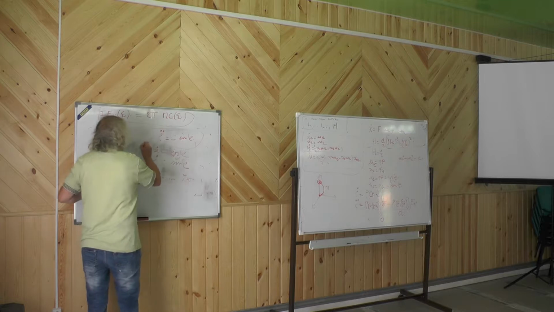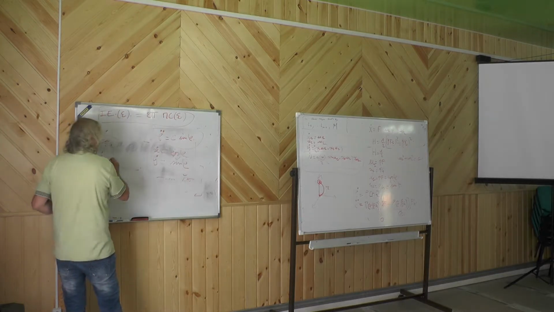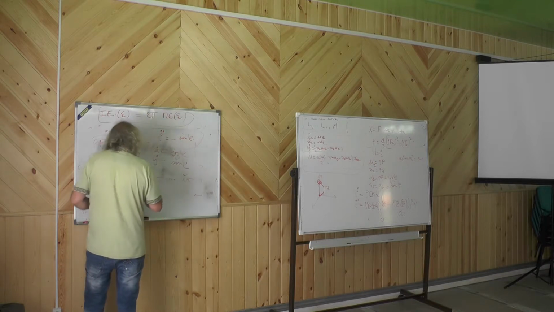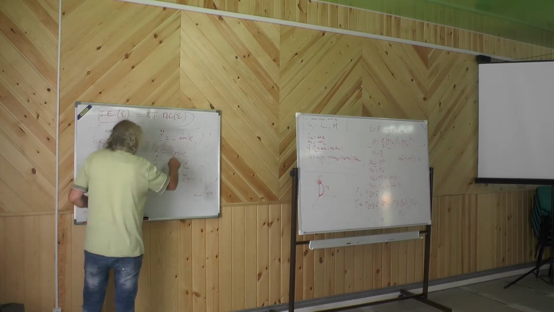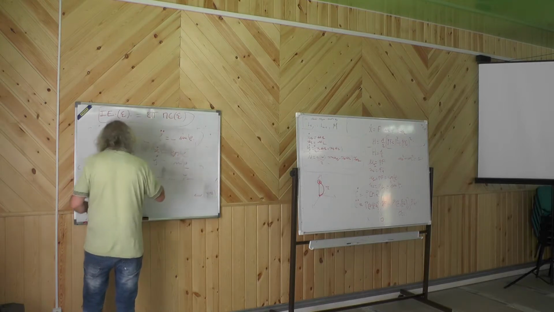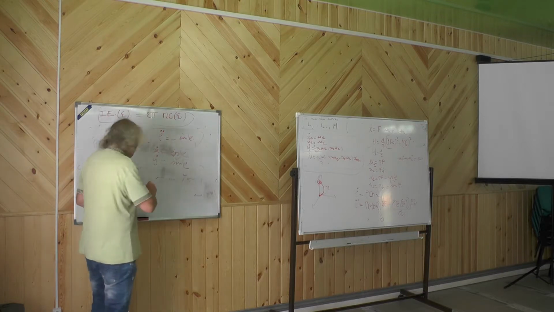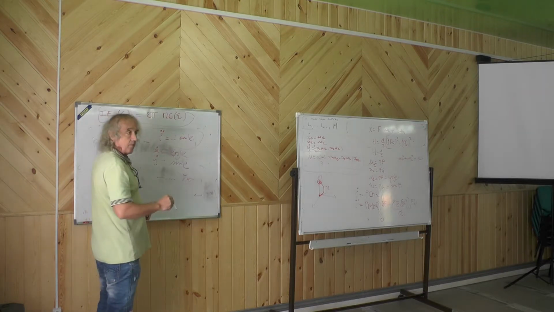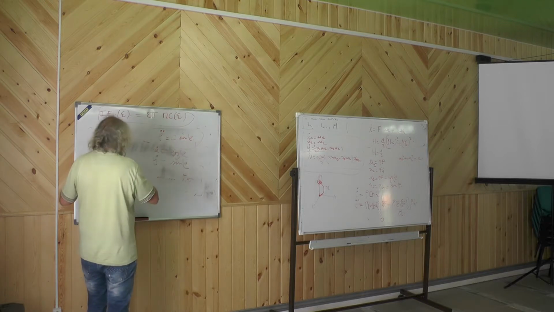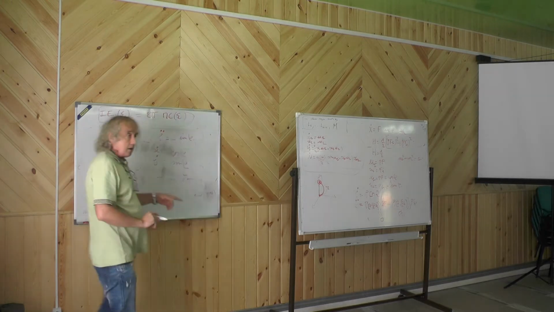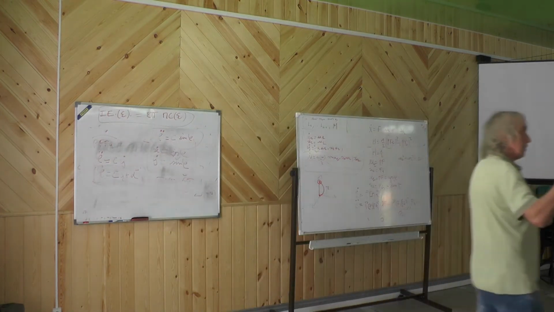This implies that phi double dot equals C times y, so phi dot is equal to Cy plus D, and then the curvature is a linear function of the position, okay?